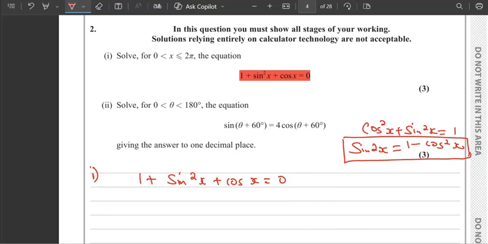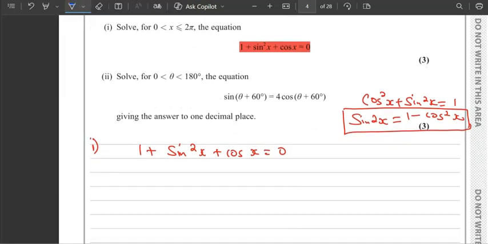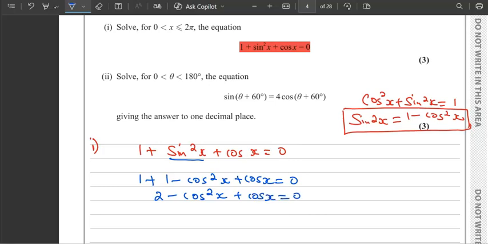In place of sine squared x, we can replace it by 1 minus cos squared x. Substituting, we have 1 plus 1 minus cos squared x plus cos x equals 0. Simplifying further, 1 plus 1 is 2, so we have 2 minus cos squared x plus cos x equals 0.